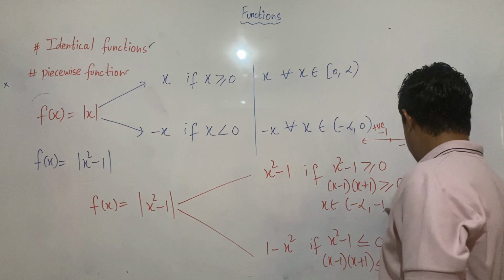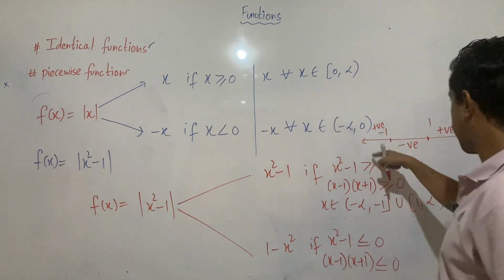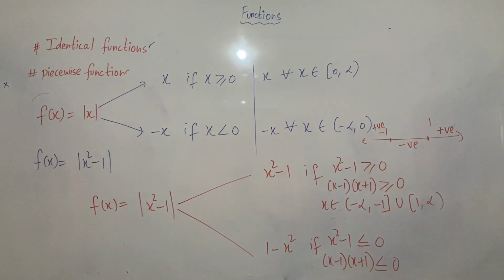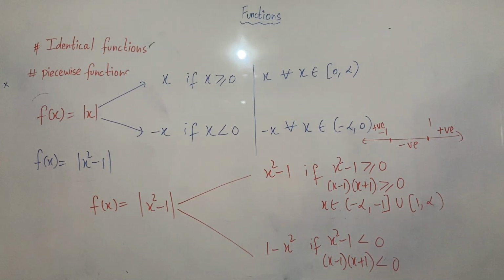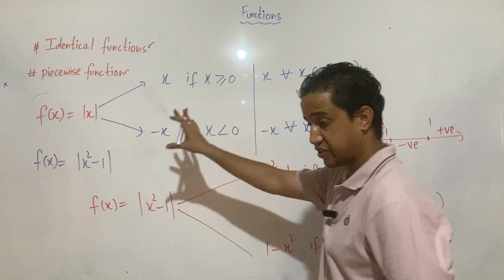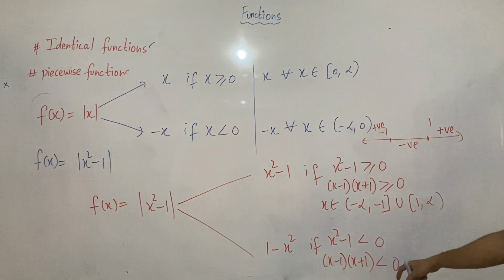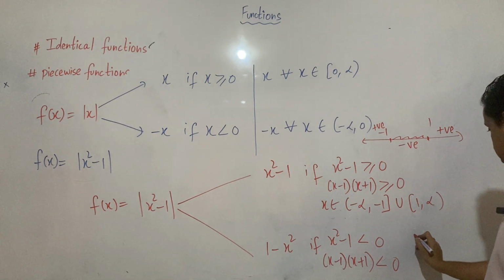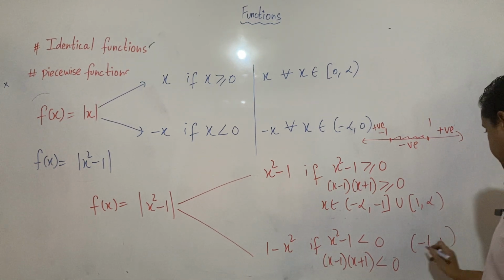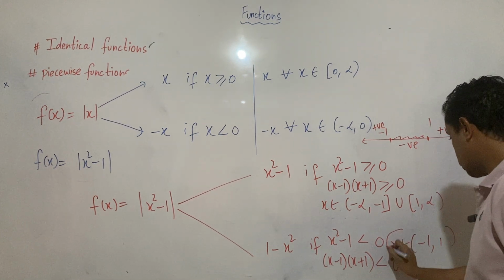Why a closed bracket here? Because it's greater than or equal to 0, and here less than 0, not less than or equal to 0. That's what the definition of modulus says, right? So here less than 0 means this area, so it's going to be minus 1 to 1. x belongs to minus 1 to 1.